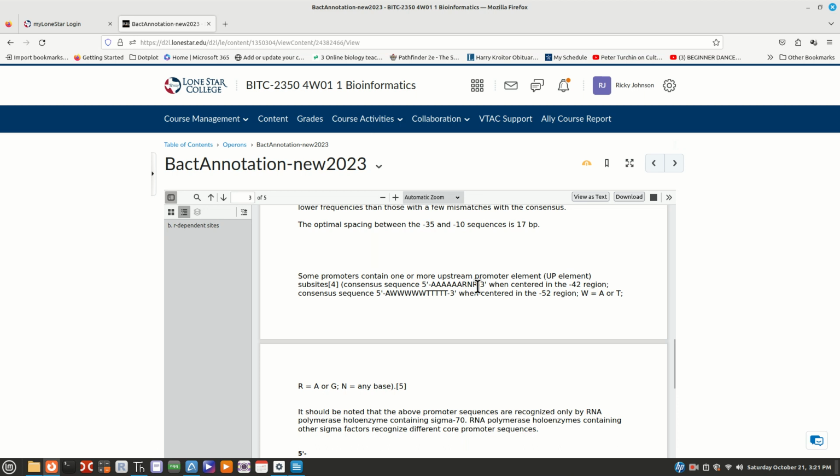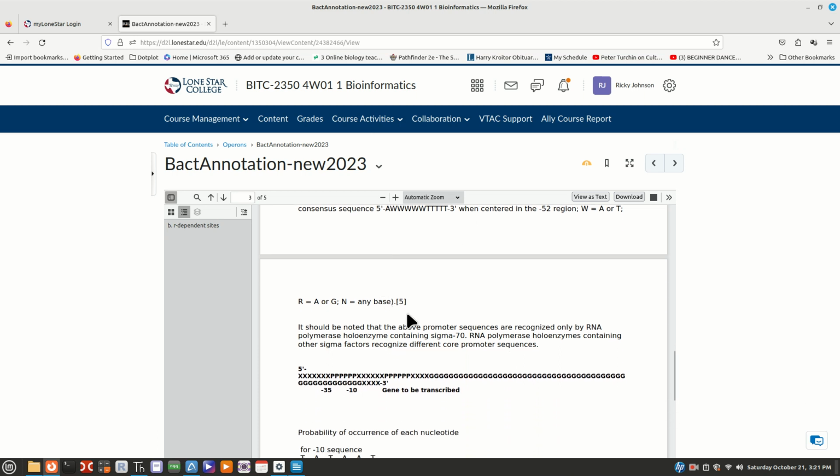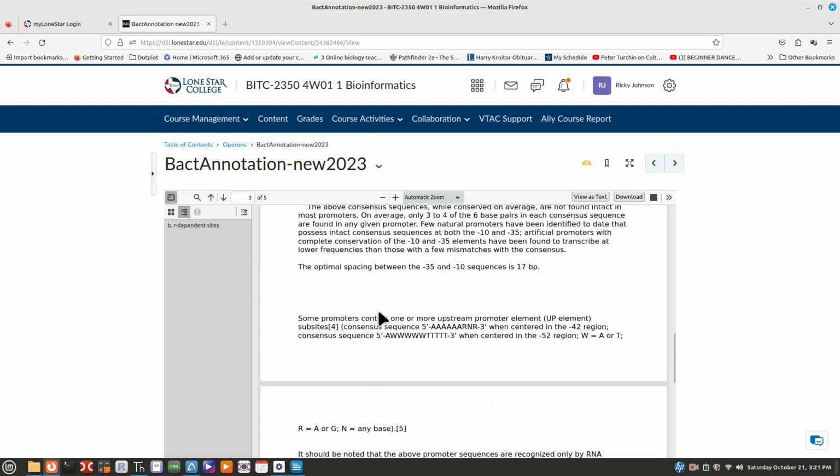All right, so you might look for a set of A's that are at the -42, and then W's, which are A's or T's, at -52. You might look at that as well. I'm sorry, R is A or G, N is any base, yes. So you might look for these two as well to see if you can find any evidence of a -42 and a -52.